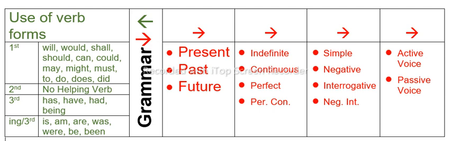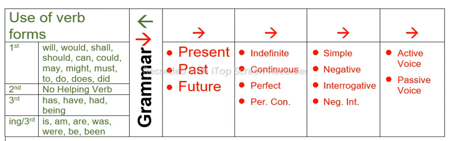And further, you are introduced to present indefinite, continuous, perfect, and perfect continuous. And similarly with past and future, like past indefinite, past continuous, past perfect, and past perfect continuous, and then future. Not only this, you are then introduced to simple sentences.